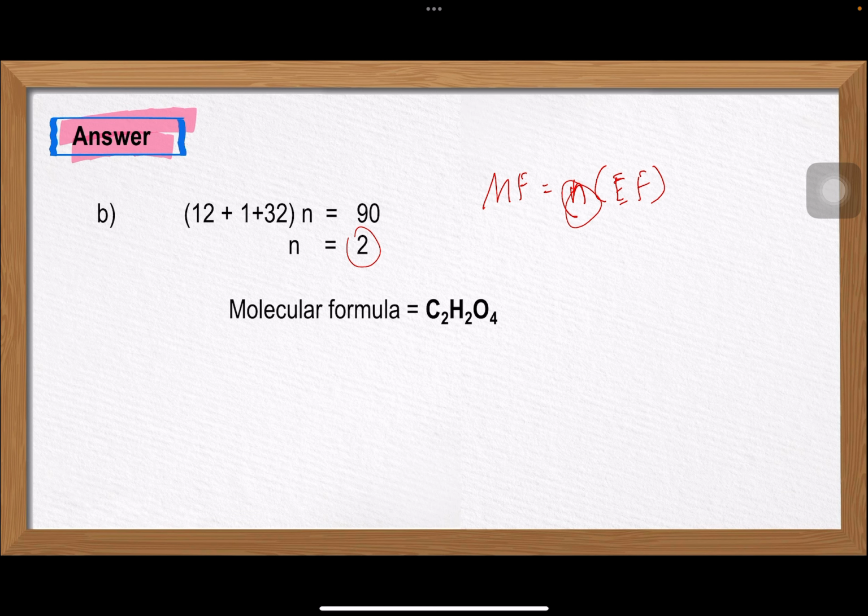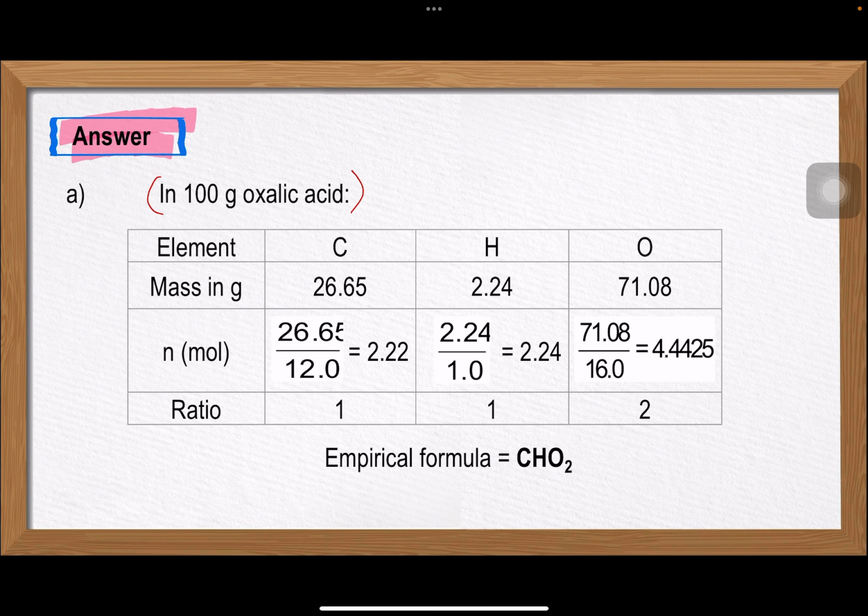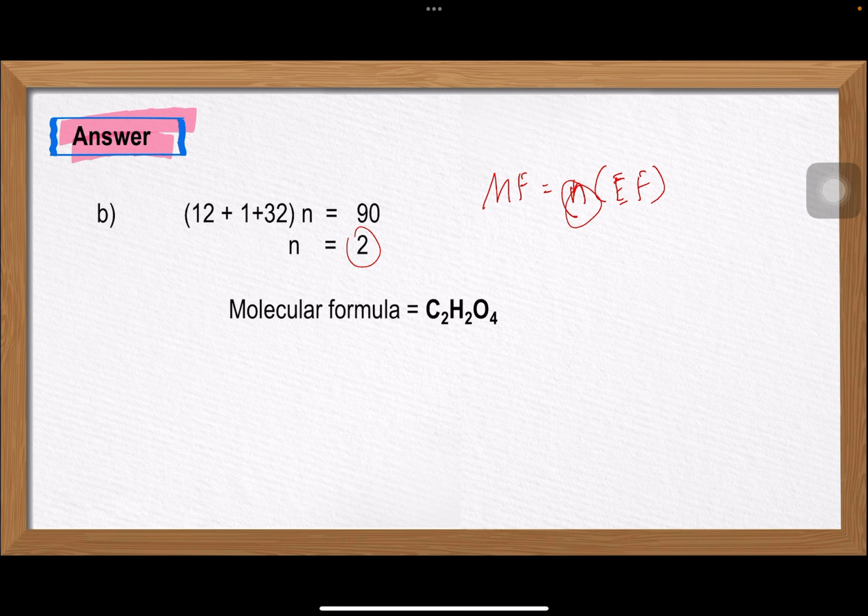So the empirical formula times 2, you will get the molecular formula. CHO2 times 2, so we get N is 2.